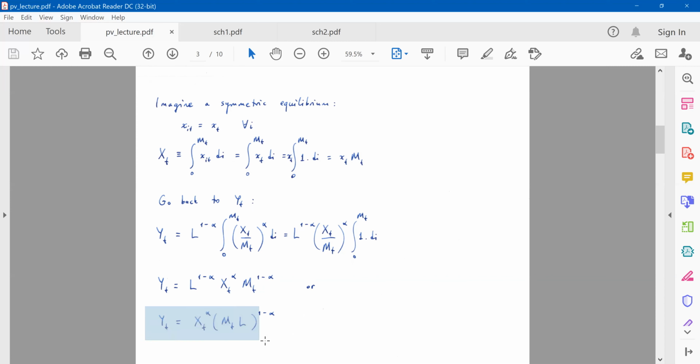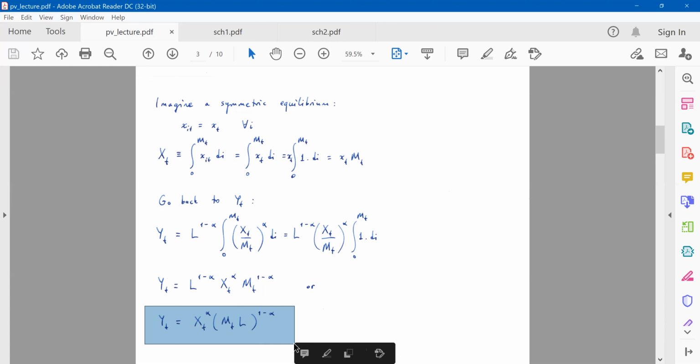Okay, as you see in here in the last step. So in a symmetric equilibrium, if you use each machine by the same amount, right? If you have that type of symmetry, then you can actually write this production function in a Cobb-Douglas way.